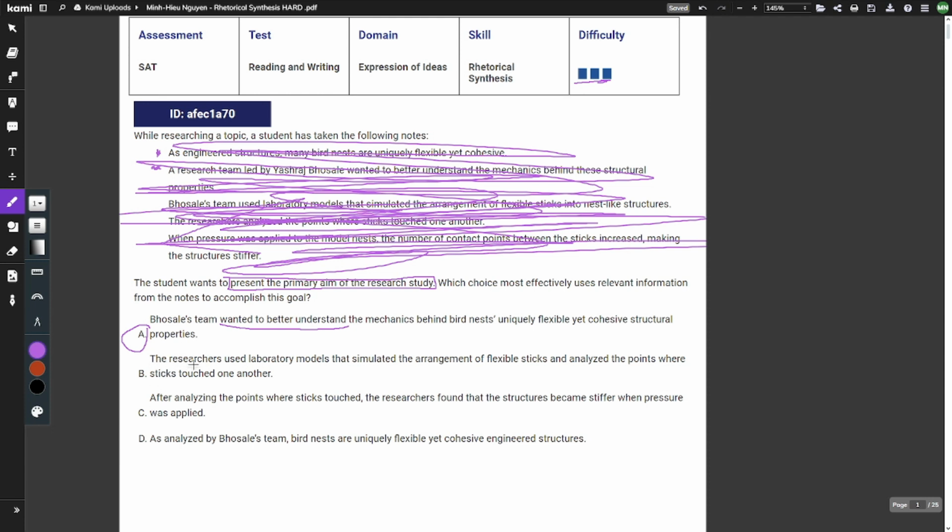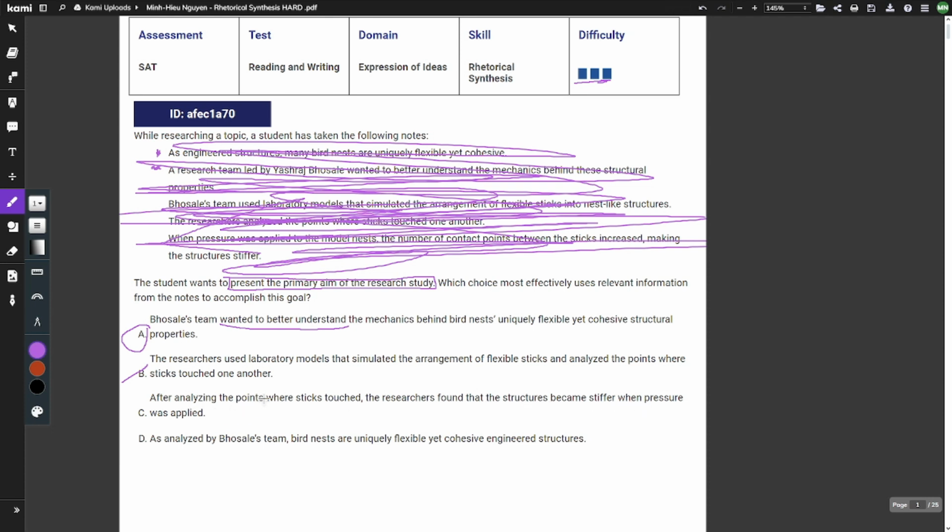Let's see. The researchers used laboratory models that simulated the arrangement of flexible sticks and analyzed the points where sticks touched one another. Alright, so that talks about how they did the study, but it doesn't talk about why they did the study. After analyzing the points where sticks touched, the researchers found that these structures became stiffer when pressure was applied.